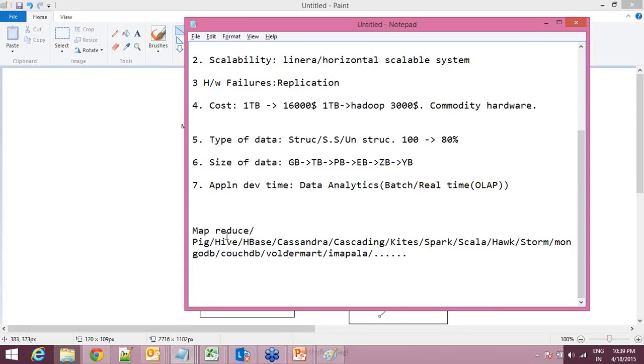You have to write bundles and bundles of code, and the code maintenance will be difficult. So that's why the ecosystems were introduced by different companies, and all are open source. Learning these ecosystems, you don't need any prior programming experience. You can straight away learn.